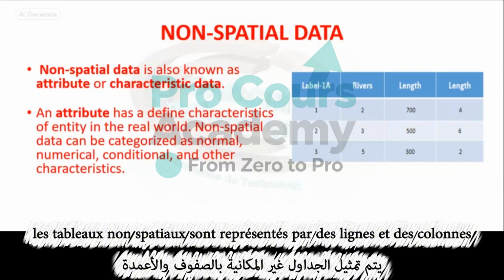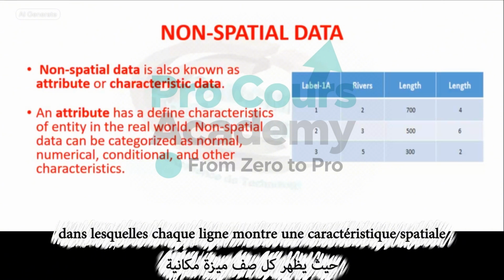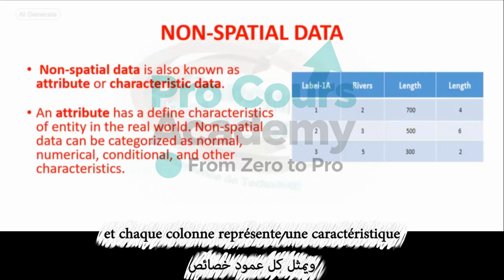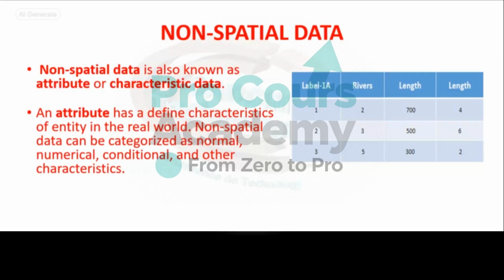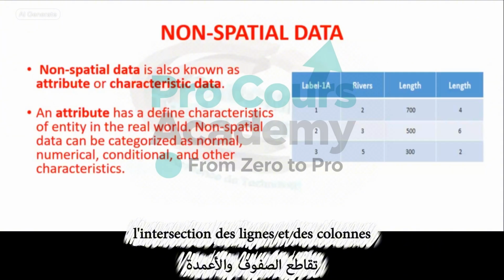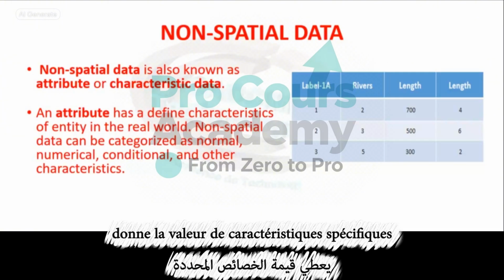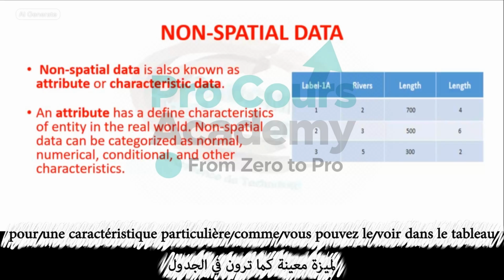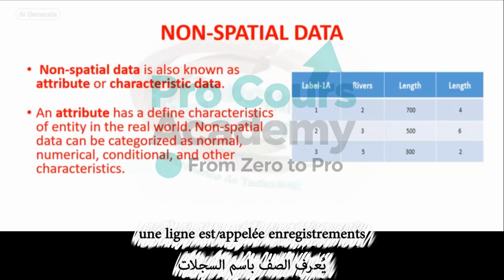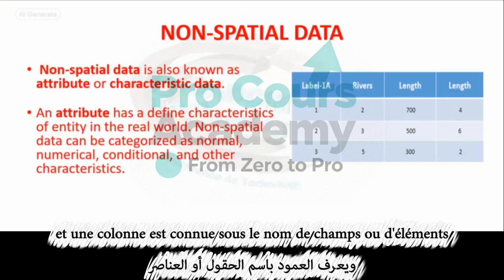Non-spatial tables are represented by rows and columns, in which each row shows a spatial feature and each column represents a characteristic. The intersection of rows and columns gives the value of a specific characteristic for a particular feature, as you can see in the table. A row is known as a record, and a column is known as a field or item.